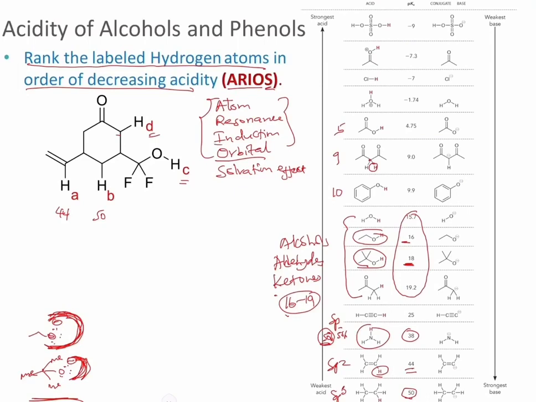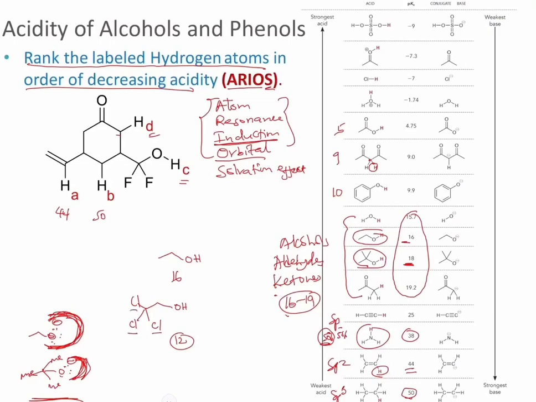That's where the induction effect comes in. Induction effect is when you have a more electronegative atom that can help to stabilize the conjugate base better. For example, if you have an alcohol like ethanol, pKa is 16, but if you replace these hydrogens with chlorine, the pKa is 12, because these compounds are more electronegative.